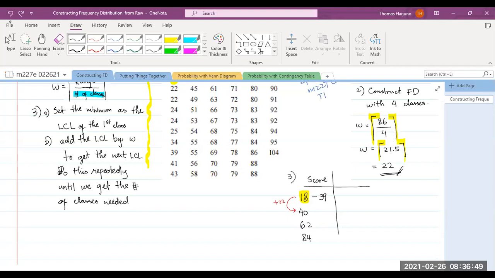Now let me write it here, part C. The first upper class limit is the second lower class limit minus 1.